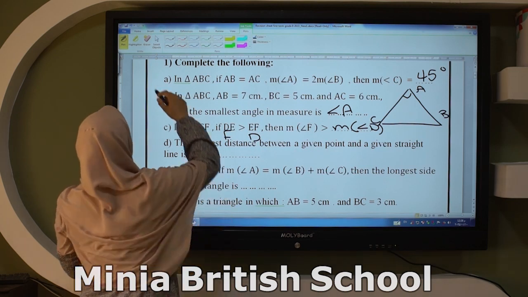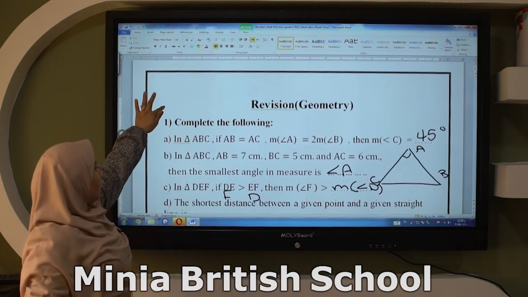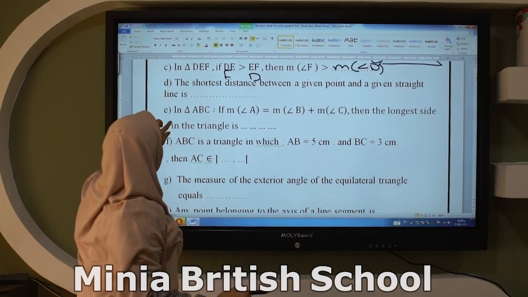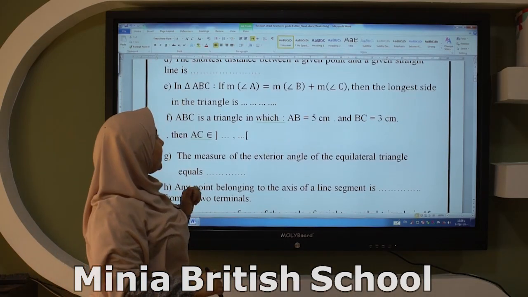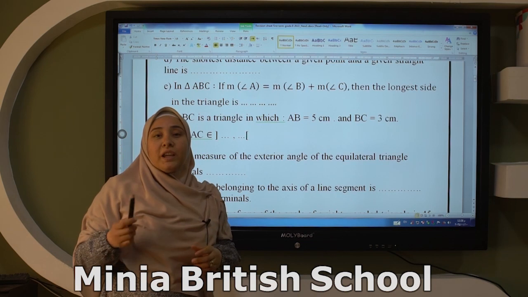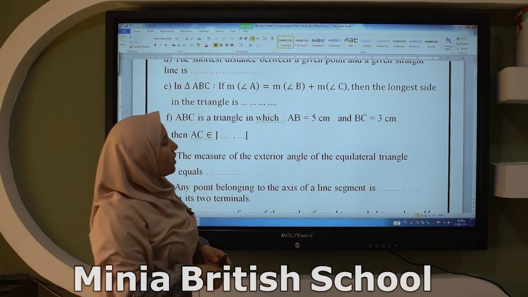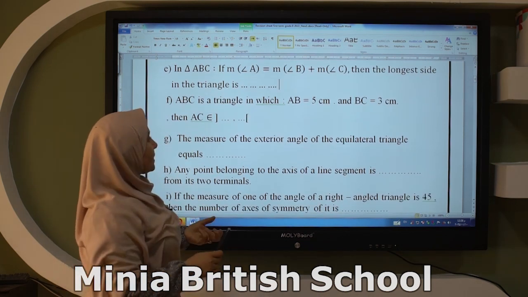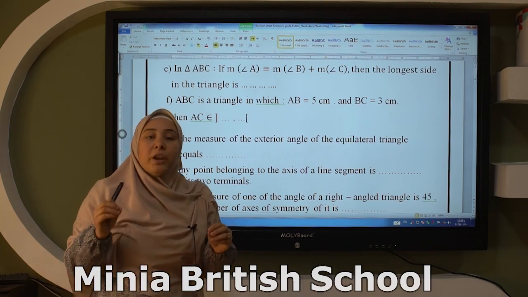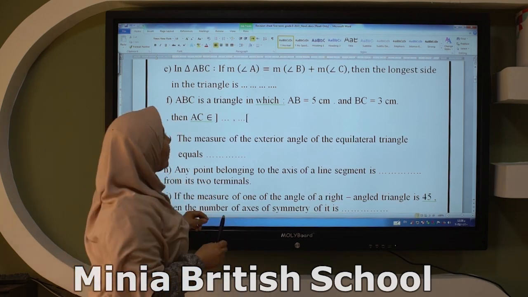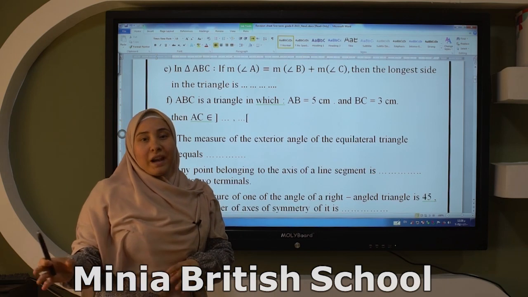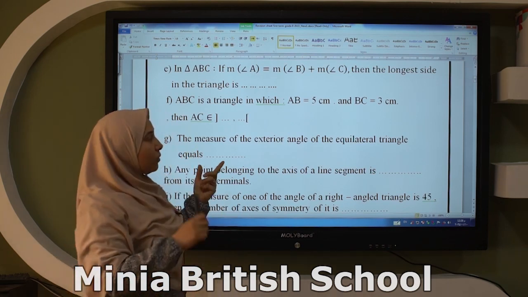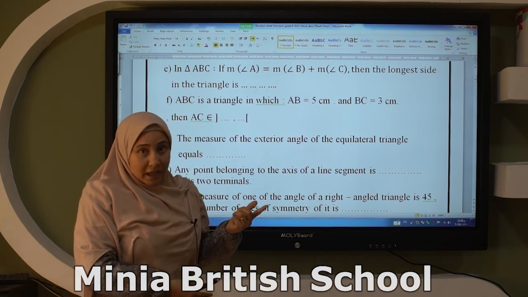Letter E: in the triangle ABC, if the measure of angle A equals the measure of angle B plus the measure of angle C, then the longest side in the triangle is. First, determine the type of the triangle. The triangle here is a right angled triangle because the measure of angle A equals the sum of the other 2 angles.